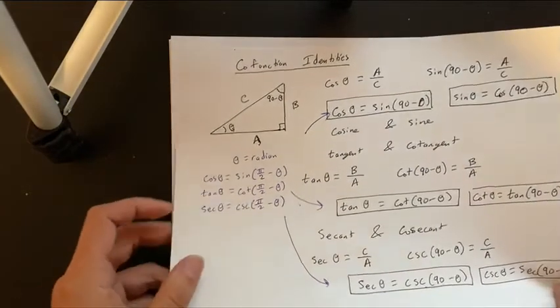Okay, so that's it for all the identities. In this section, we're going to learn how to prove identities. And so you start with an equation, and you have to show that it's true. So I'll give you guys one example.